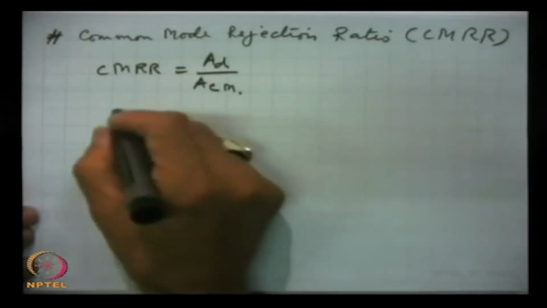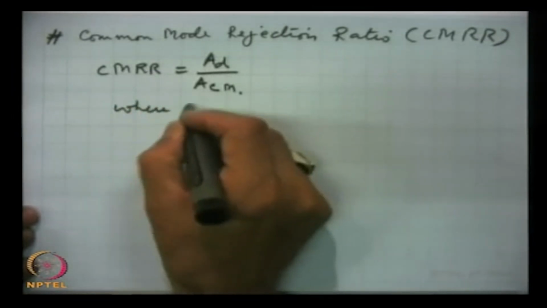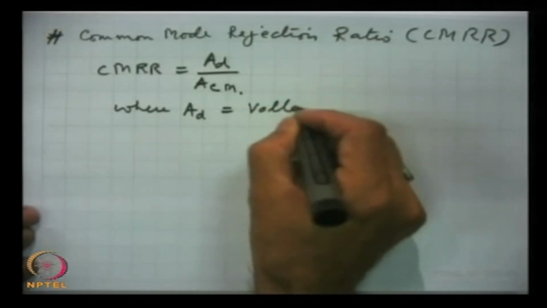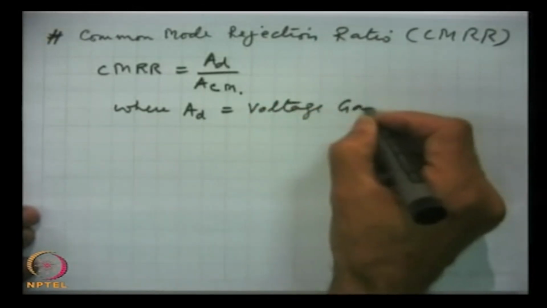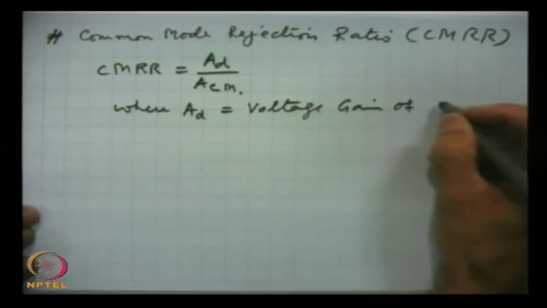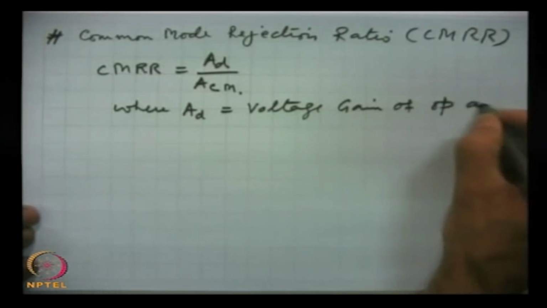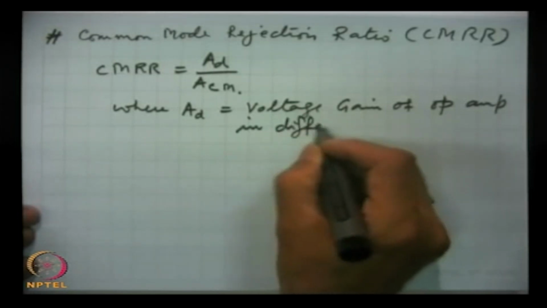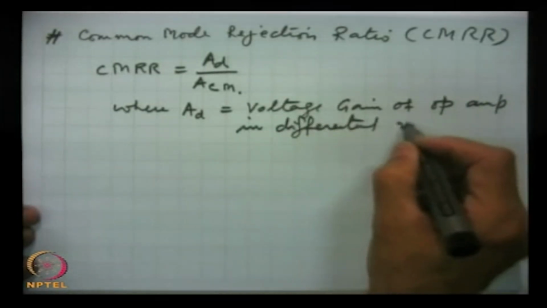where AD is the voltage gain of the op amp in differential mode.